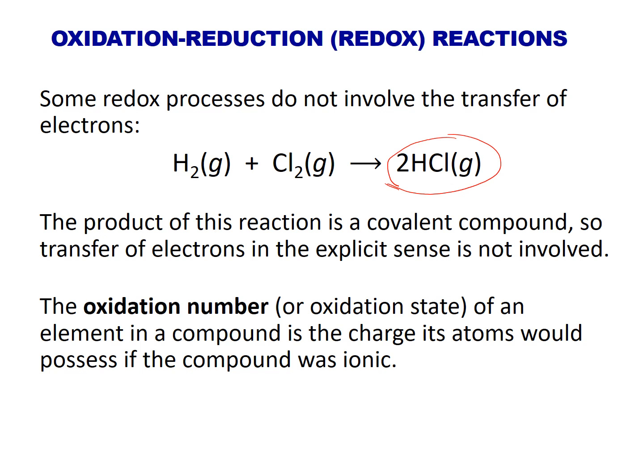In this case, hydrogen, because it is in its elemental form, has an oxidation number of 0, and chlorine, because it is in its elemental form, has an oxidation number of 0. The resulting hydrochloric acid gas then has hydrogen with a +1 oxidation number and chlorine with a -1 oxidation number.